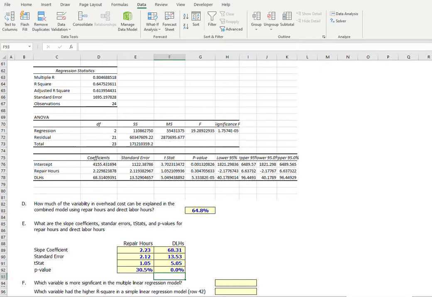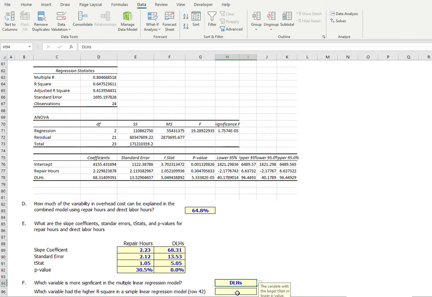Which variable is more significant in our multiple linear regression model? If we look at the t-stats and the p-values, because they essentially tell us the same thing, the more significant variable is direct labor hours. It has a higher t-statistic, which of course corresponds to a lower p-value. So in our multiple linear regression model, it is direct labor hours.